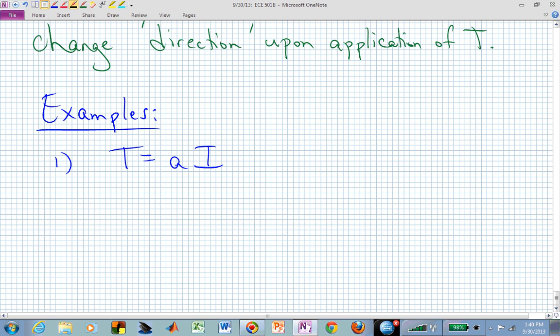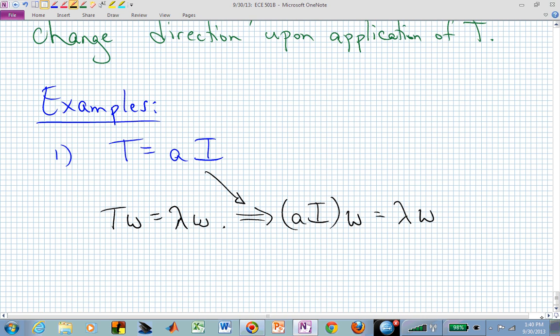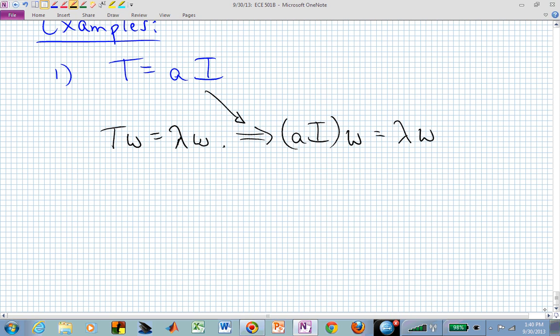Well, our eigenvalue equation says that we have TW is equal to lambda W. So do we have any W's and lambdas that satisfy this relationship for this linear map T? Well, if we now use this transformation in place of T, we have AI times W is equal to lambda W. And now we want to see, are there any values of lambda and W that satisfy this relationship?